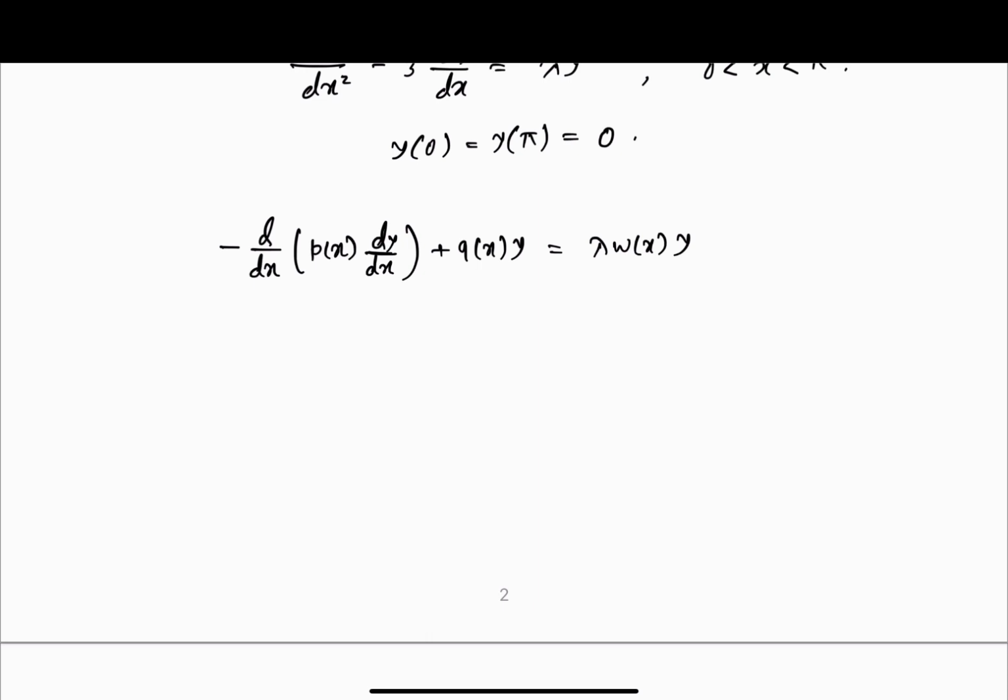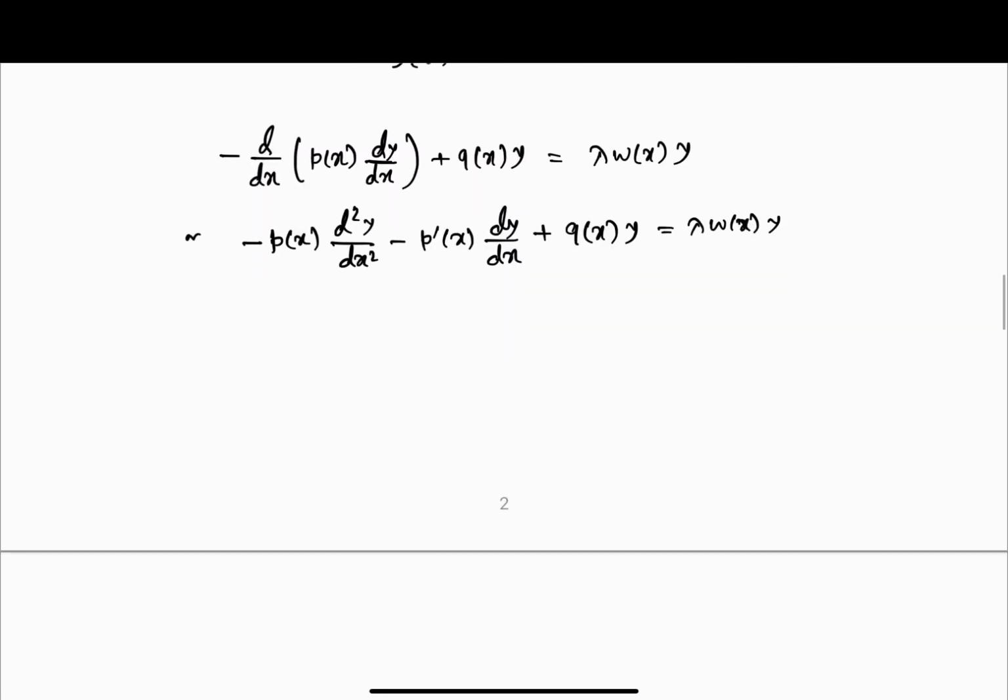If you now differentiate by the chain rule, what you will get is minus p(x) d2y/dx2 minus p prime of x dy/dx plus q(x) y equals lambda w(x) y.